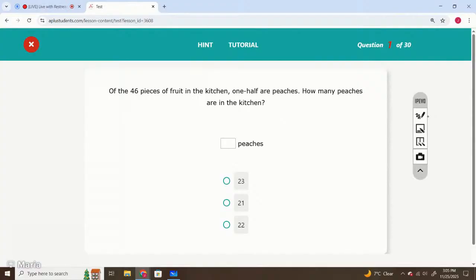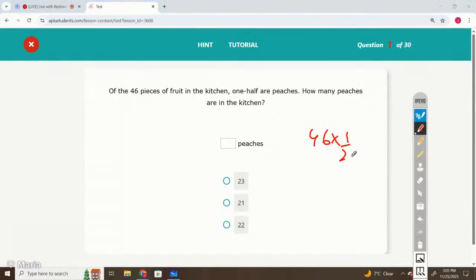Of the 46 pieces of fruit in the kitchen, one half are peaches. How many peaches are in the kitchen? So we need to calculate half of the 46, right? So let's just do 46 times 1 by 2. So 46 times 1 is 46 and divide by 2.